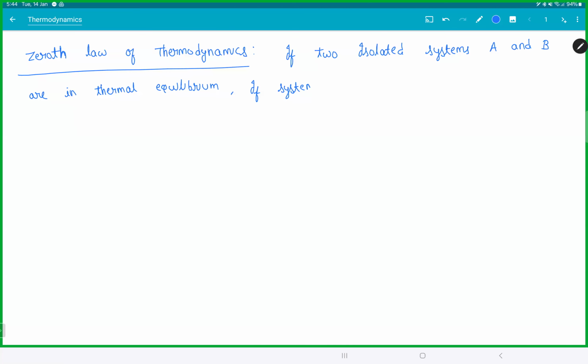So when you say thermal equilibrium, meaning if you touch these two bodies, there will be no temperature change. So literally they are at the same temperature.